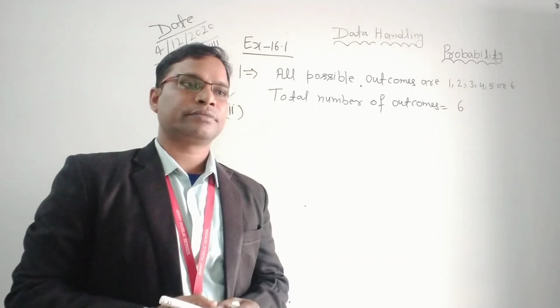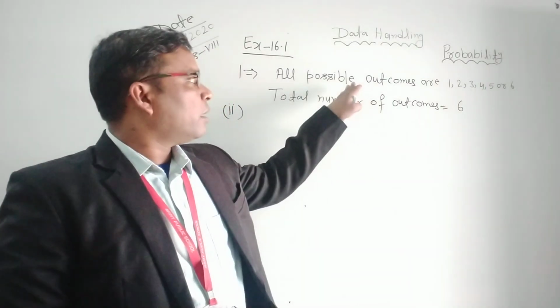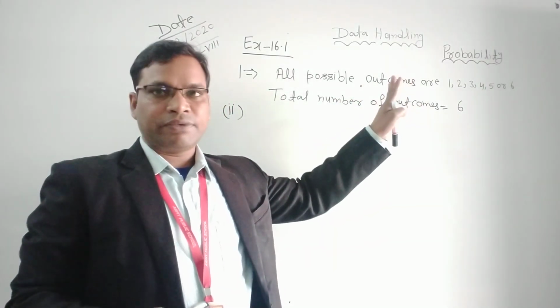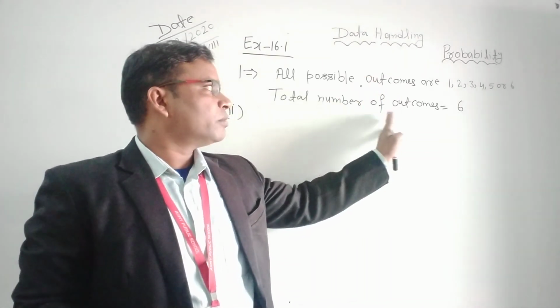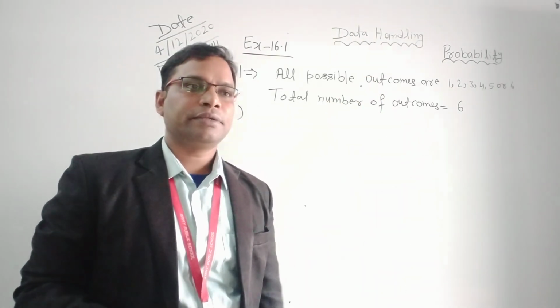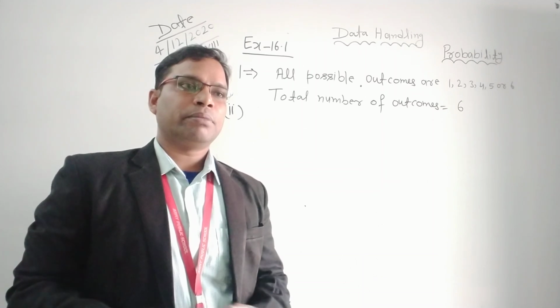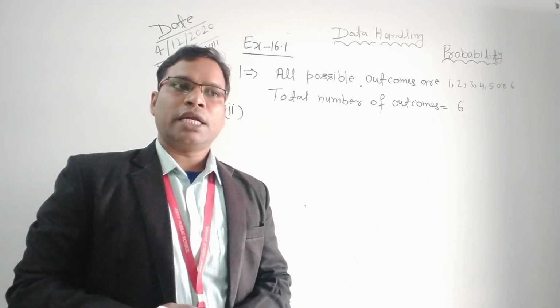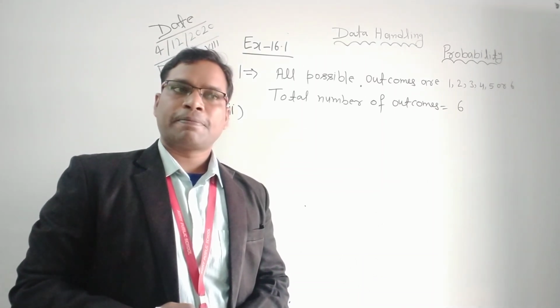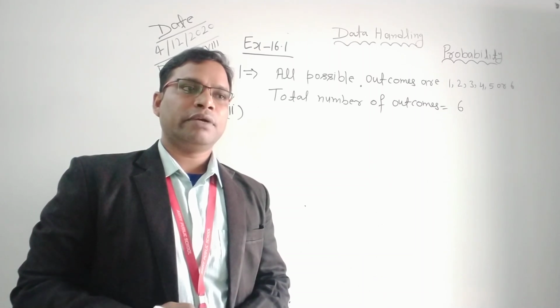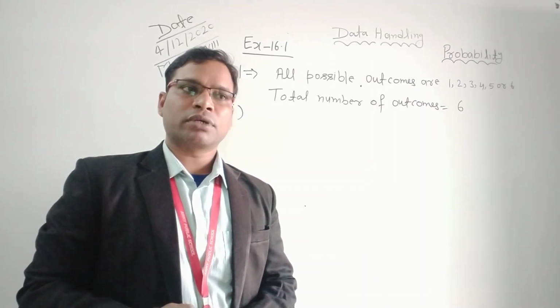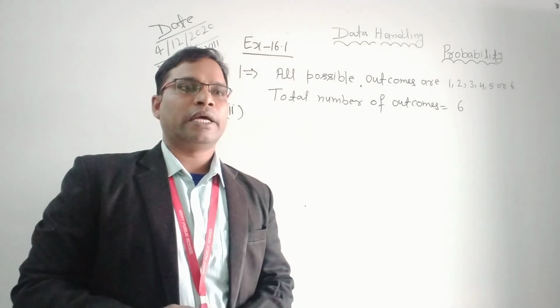So first we find all possible outcomes, which are 1, 2, 3, 4, 5, 6. This is clear, and the total number of outcomes is 6. We find the total outcomes of not prime numbers. The event is not getting a prime number and the outcomes are 1, 4 and 6.